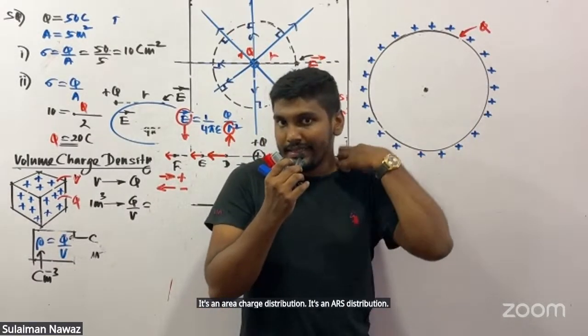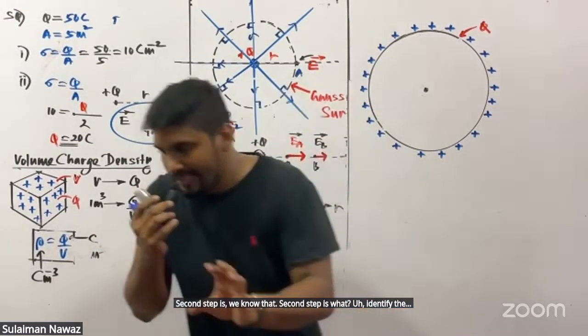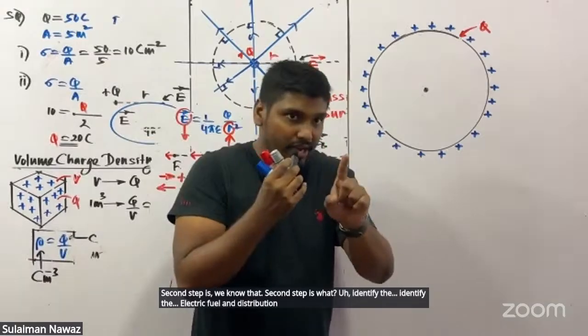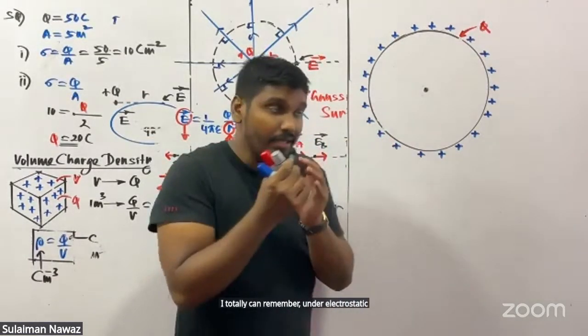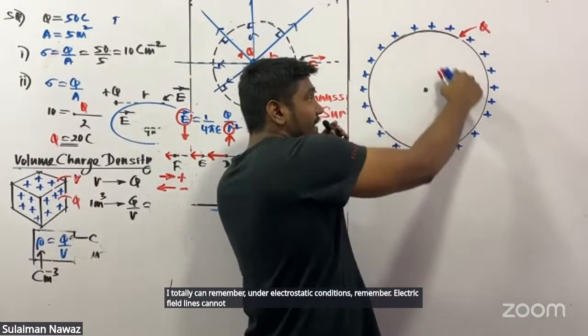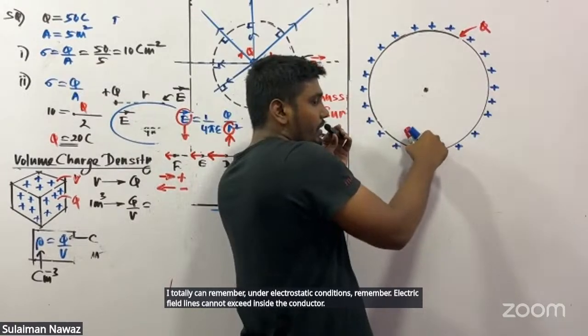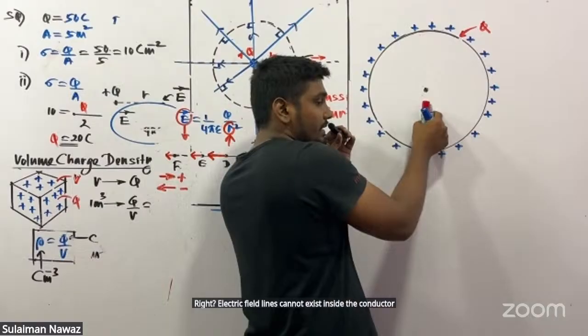Second step is to identify the electric field line distribution. Under electrostatic conditions, remember, electric field lines cannot exist inside the conductor.